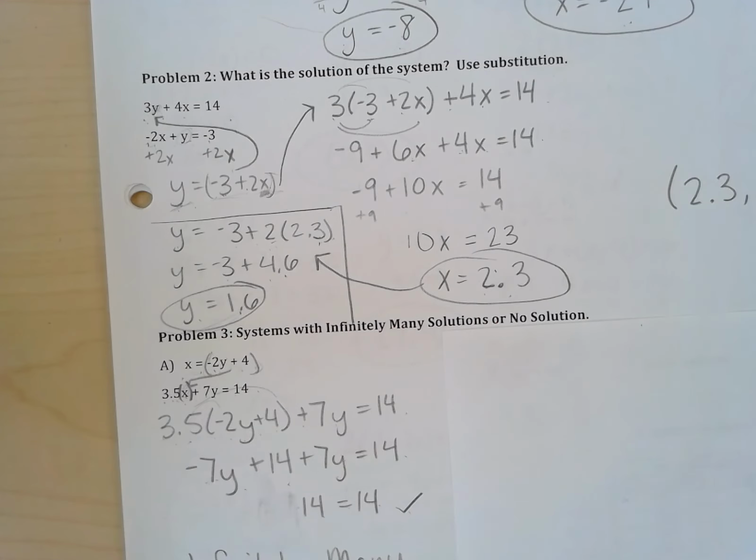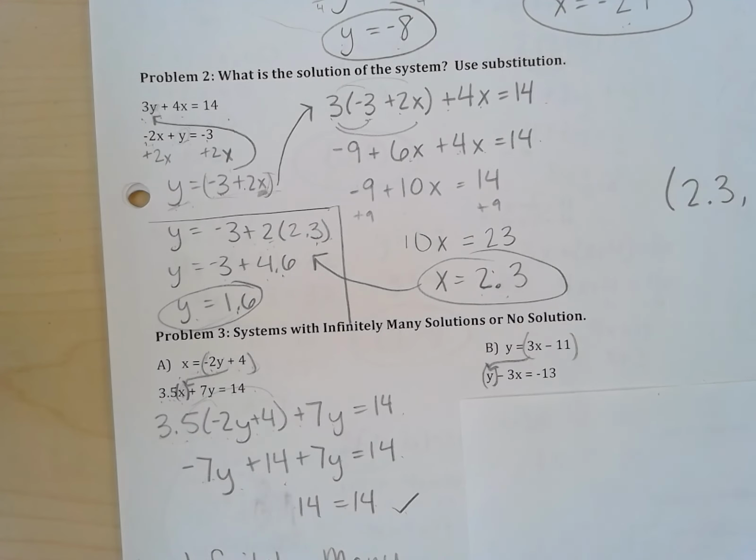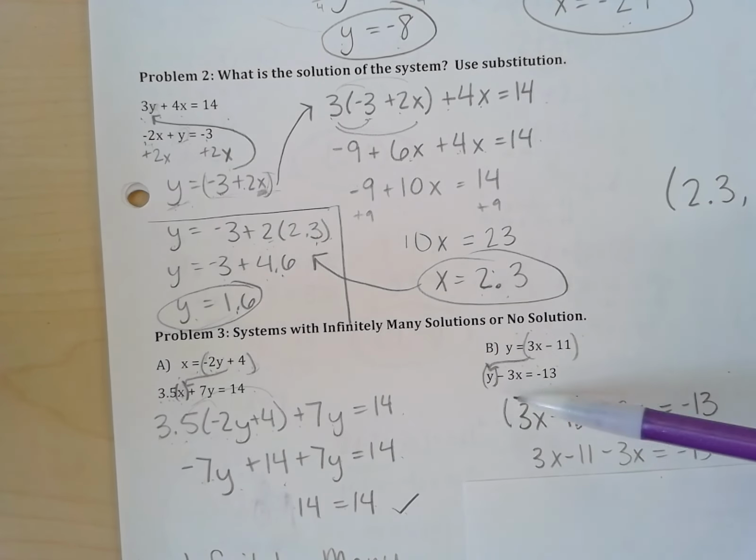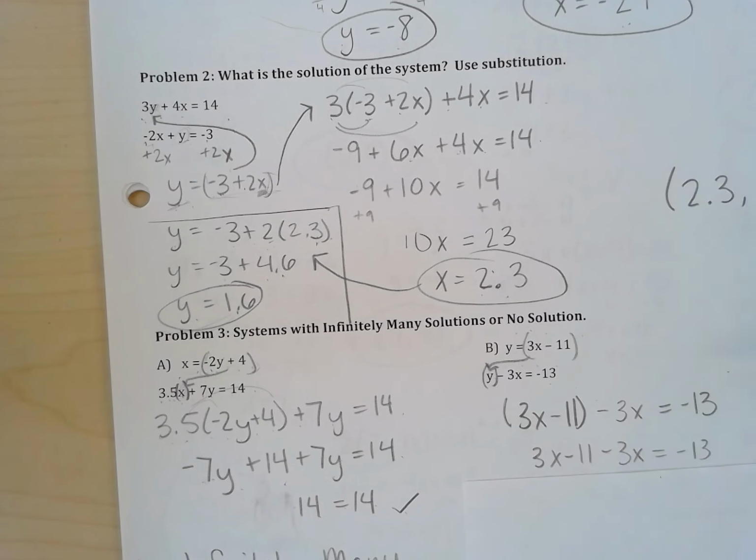Then my next problem starts out with y equals 3x minus 11 and y minus 3x equals negative 13. I'm going to replace this y with 3x minus 11, so my equation will be 3x minus 11 minus 3x equals negative 13. I can get rid of the parentheses because I don't have anything to distribute.